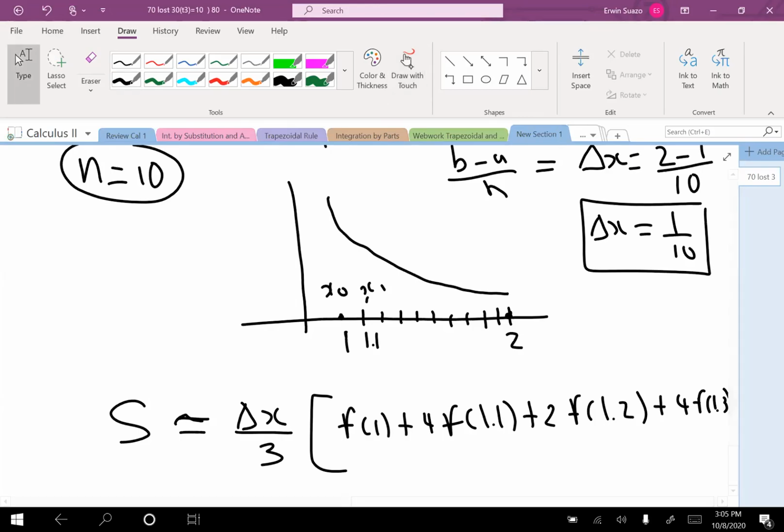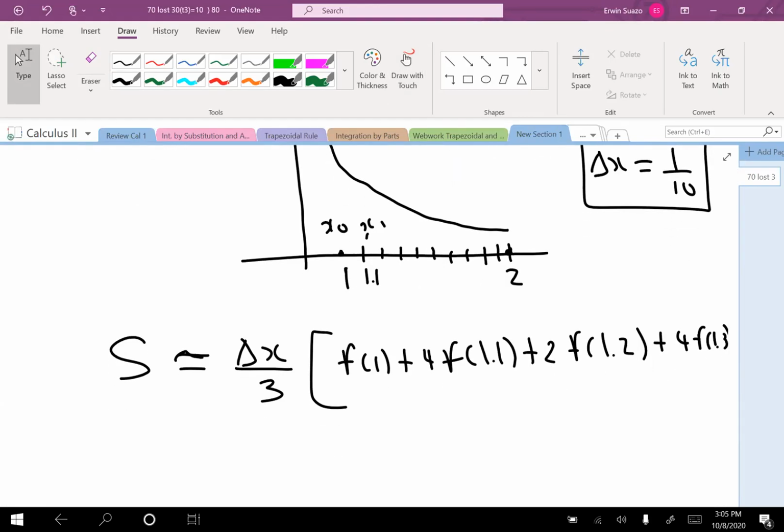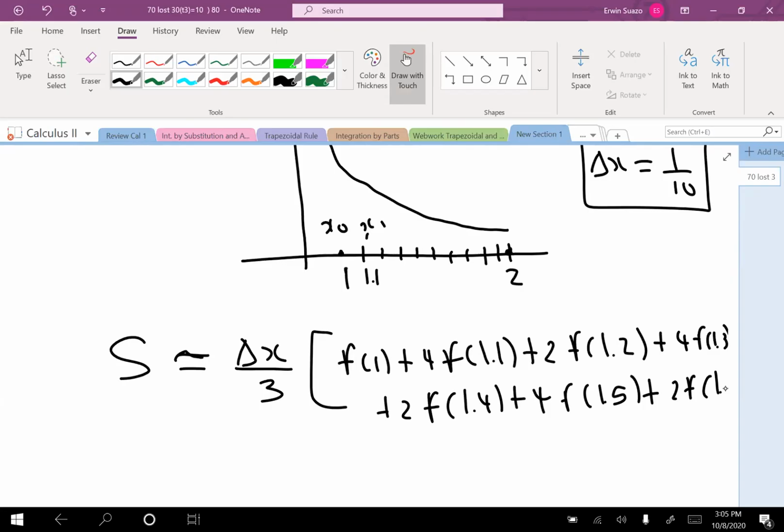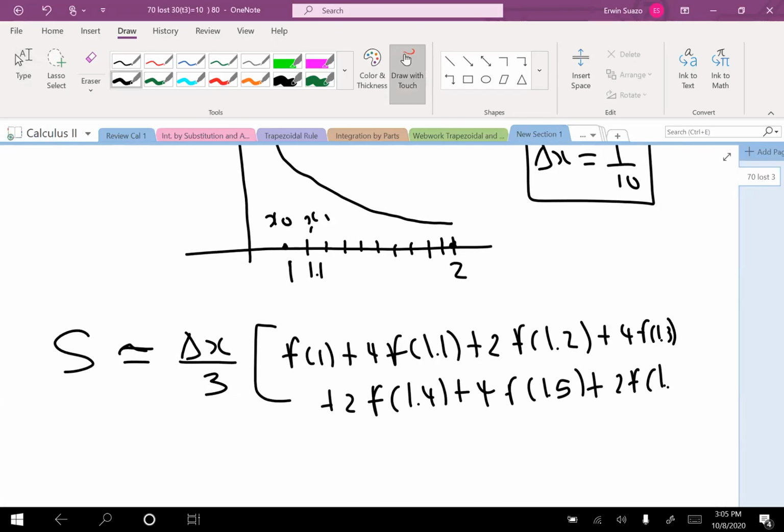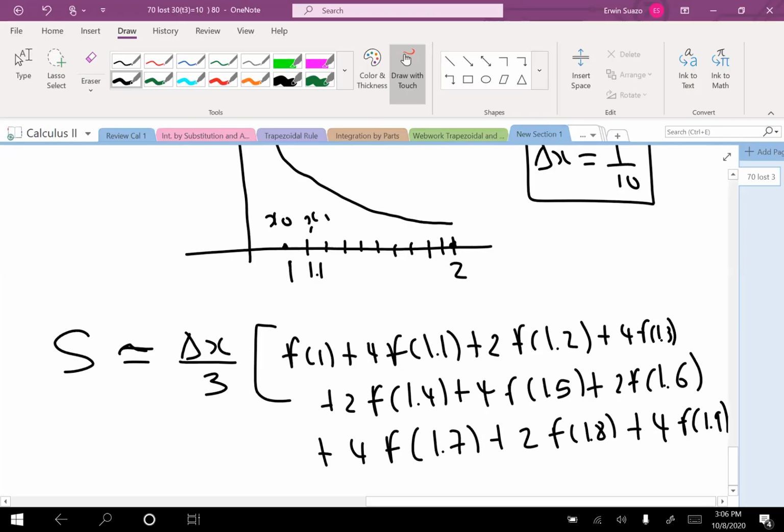sorry, plus 2 f of 1.4, plus 4 f of 1.5, plus 2 f of 1.6, plus 4 f of 1.7, plus 2 f of 1.8, plus 4 f of 1.9, plus what?